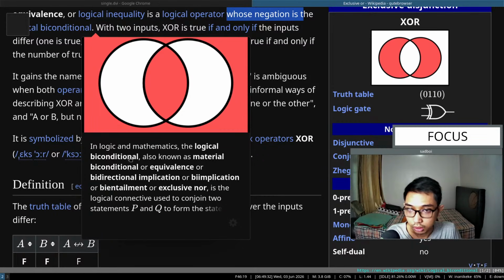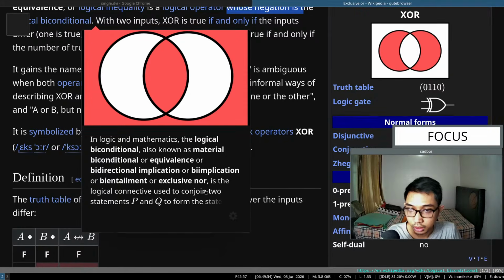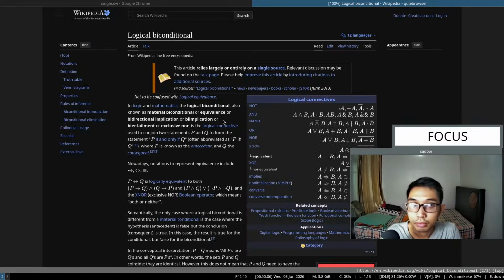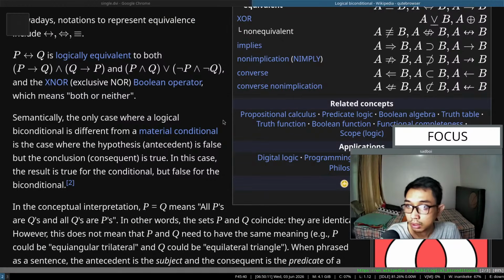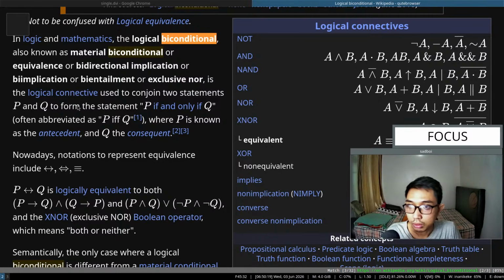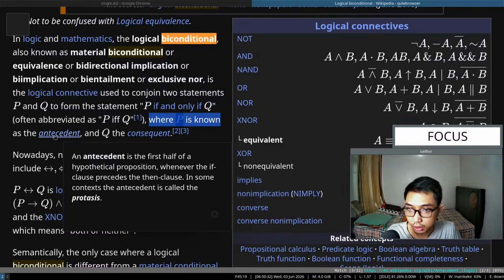In logic and mathematics, the logical biconditional, also known as material biconditional, equivalence, bidirectional implication, bi-implication, bi-entailment, or exclusive NOR, is the logical connective used to conjoin two statements P and Q to form the statement P if and only if Q, where P is known as the antecedent.